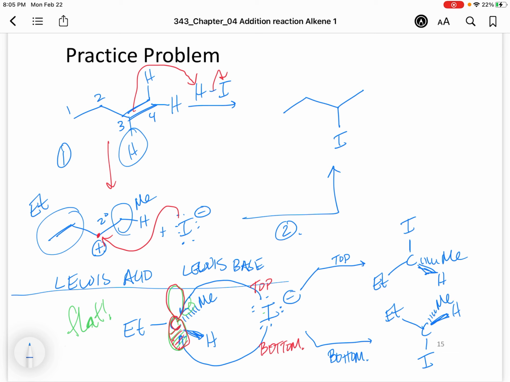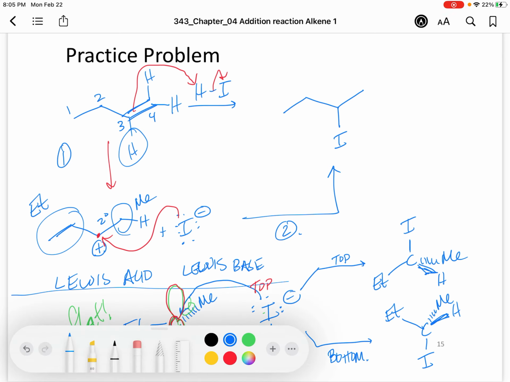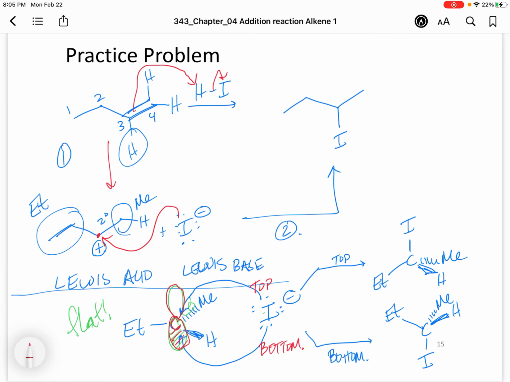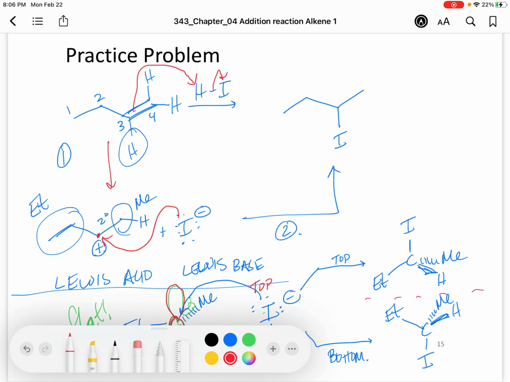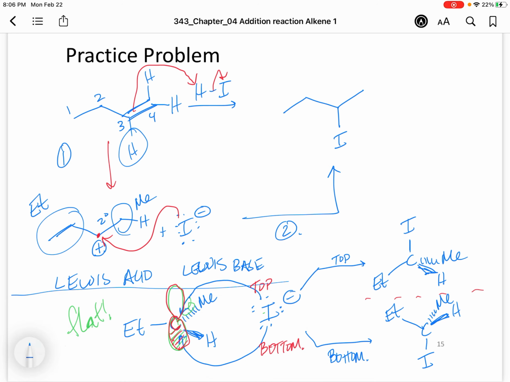Hydrogen and a methyl. And what you'll notice about these two structures is that these are actually mirror images of each other. The iodine is either on top or on bottom, and I'm going to depict this on the top structure here. What you end up getting is you either get the iodine coming forward or the iodine going back. You're welcome to build these molecules, and you'll see that what I've drawn above is the same thing, okay?